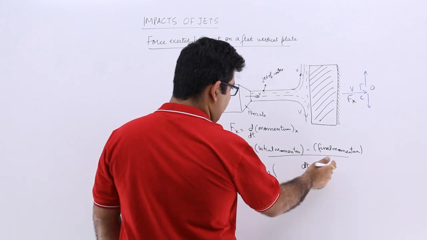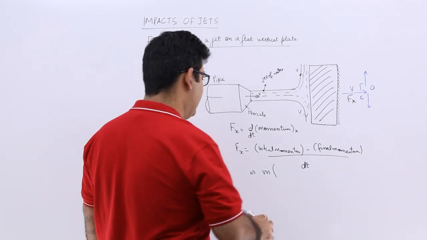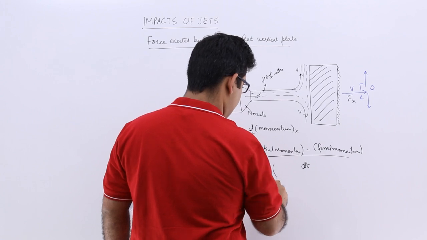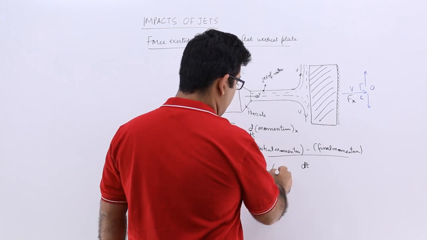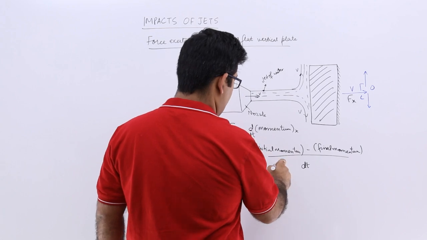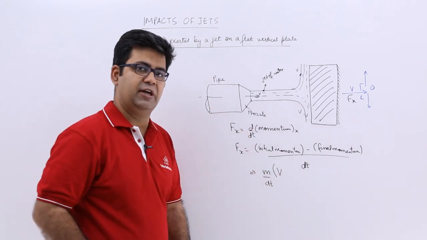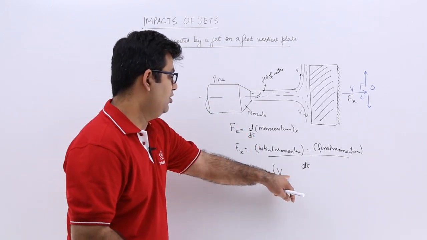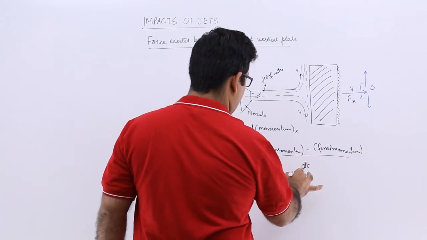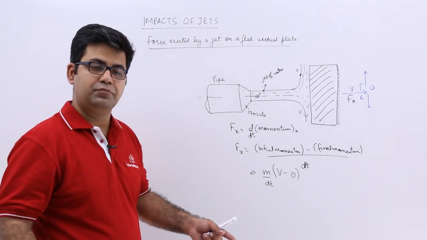So the mass can be taken out and then you have this dt over here. Initial momentum is equal to the initial velocity, that is v, because mass into velocity is momentum. I have taken out mass. This would be 0 because the final velocity is 0.